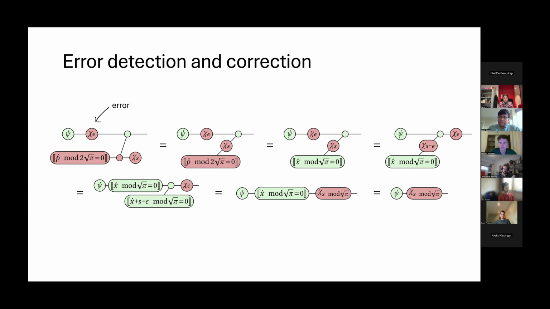So what this means is that you're measuring the error modulo square root of pi. And if you assume that your error is not too big, not greater than square root of pi, then you can apply a correction of minus S mod square root of pi to correct for this error. So this is how the syndrome measurement and correction happens in the GKP code.